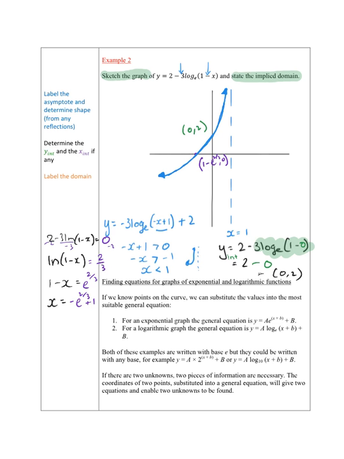So here we'd say the domain is that x is an element of negative infinity to not inclusive 1. The range is also going to be reals, and that's usually the case. And the equation y equals 2 minus 3 log e (1 minus x).